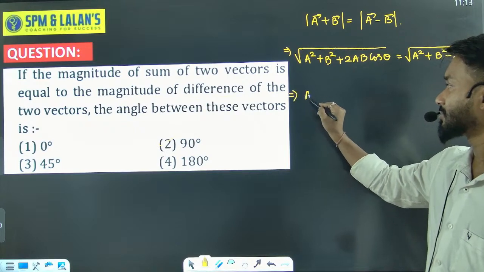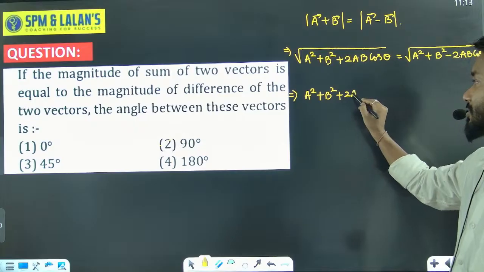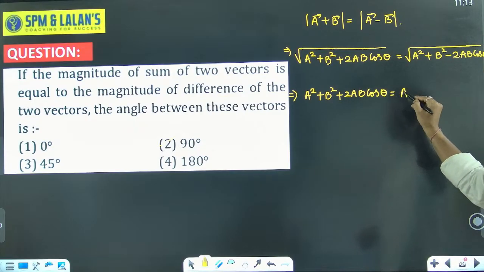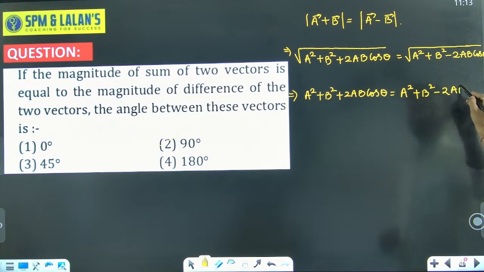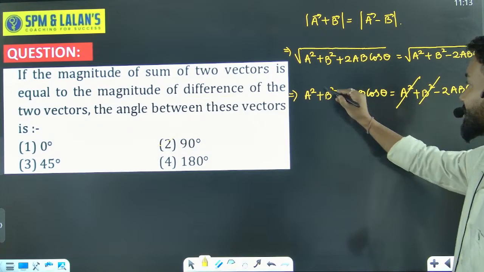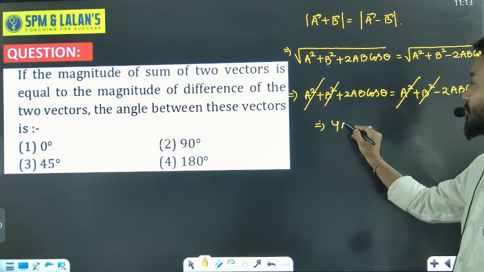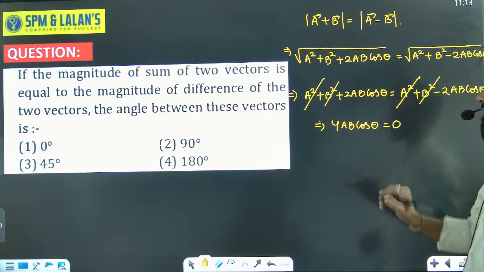If I square it both sides, then a square plus b square plus 2ab cos theta will be equal to a square plus b square minus 2ab cos theta. So a square, b square will cancel out and we are left with 4ab cos theta, and that should be equal to 0.